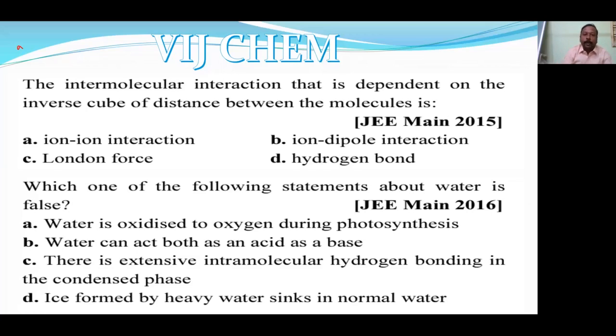It should be to the power of minus 3; in some places it will be to the power of minus 6. So this is just memory based. You can mark how many are inversely proportional to the power of 6 and how many to the power of 3. So the answer is ion-dipole interaction.